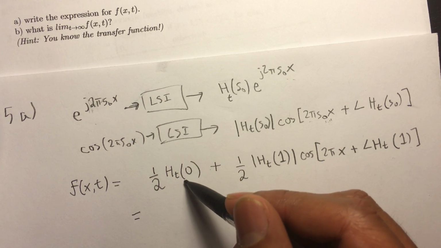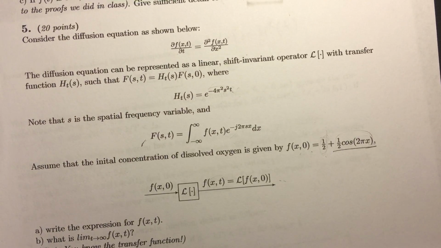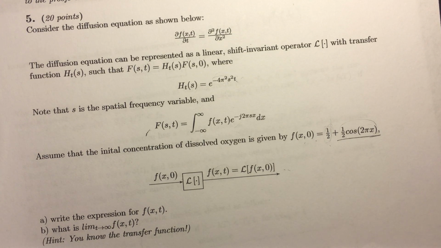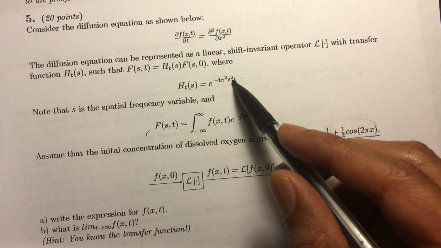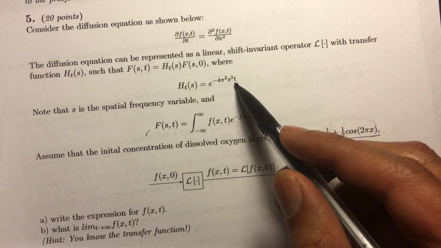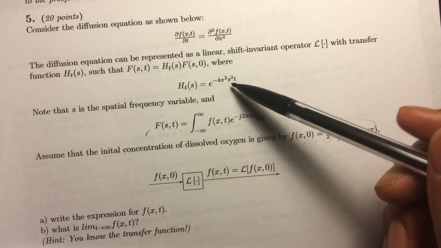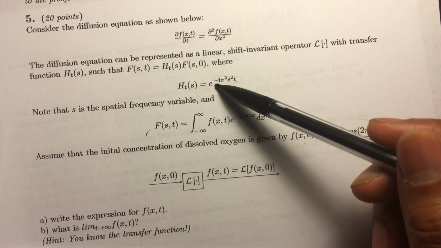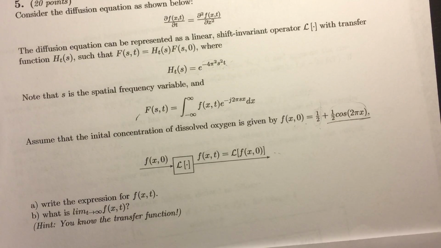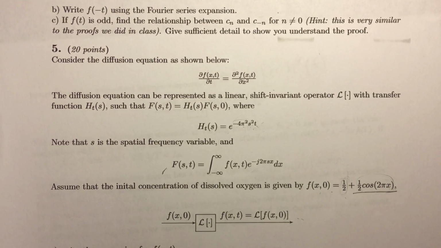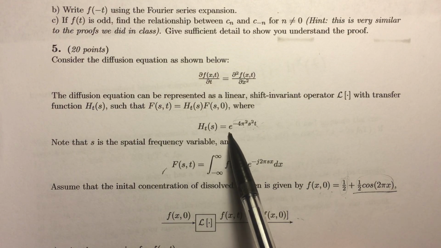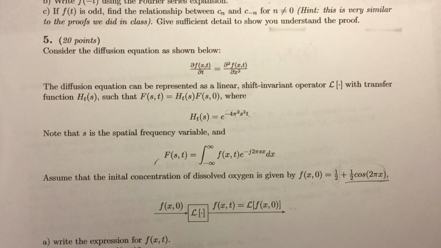So h sub t of 0, let's look at our transfer function. That is equal to 1. And then h sub t evaluated at 1 is equal to e to the minus 4 pi squared t. And the phase is always equal to 0, because this is a real and positive number.